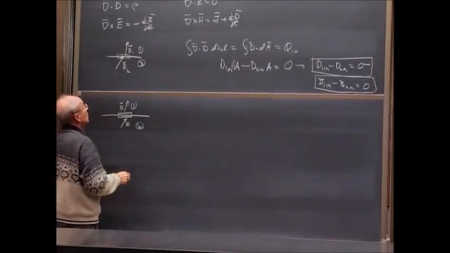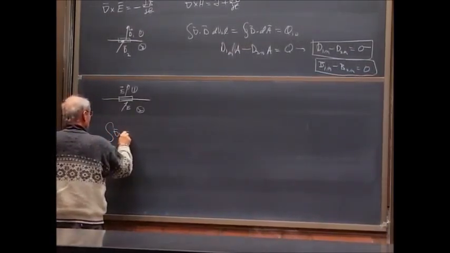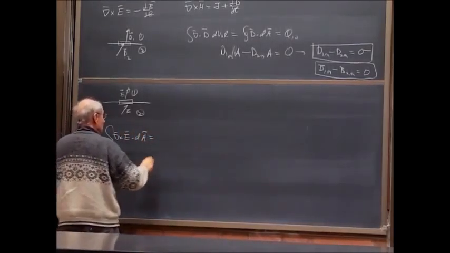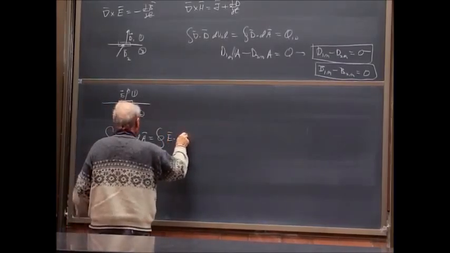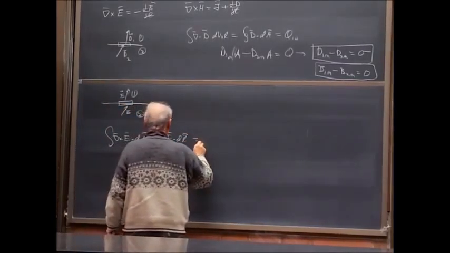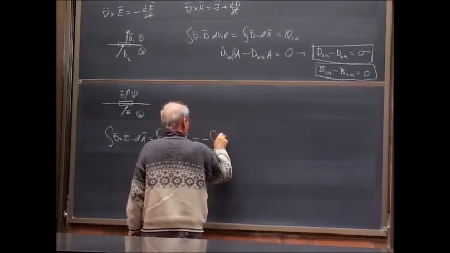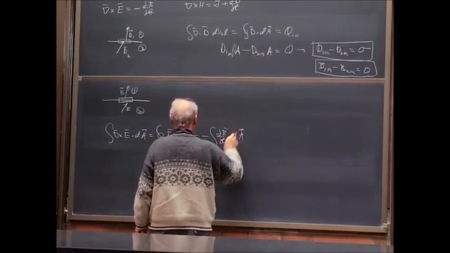And now we're going to apply Stokes' theorem. So we have the integral of the curl of E dot dA, which is equal to the line integral of E dot dL around the box, should be equal to minus the integral of the dB/dt dot dA.